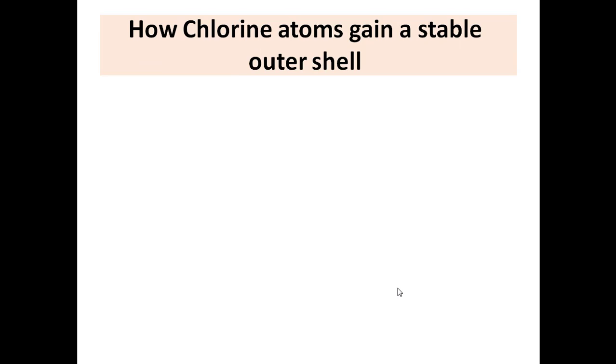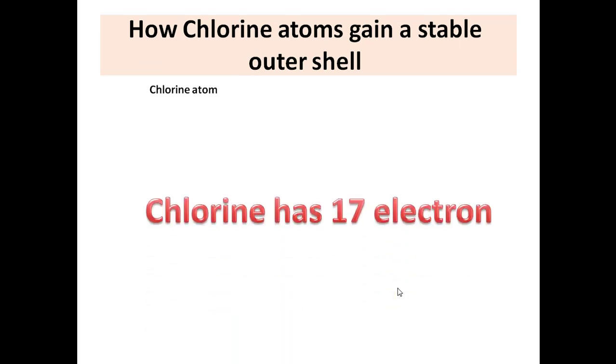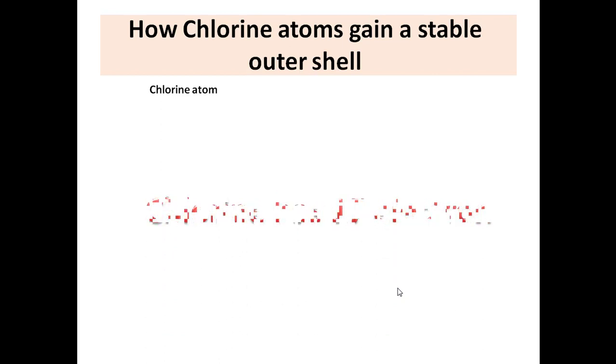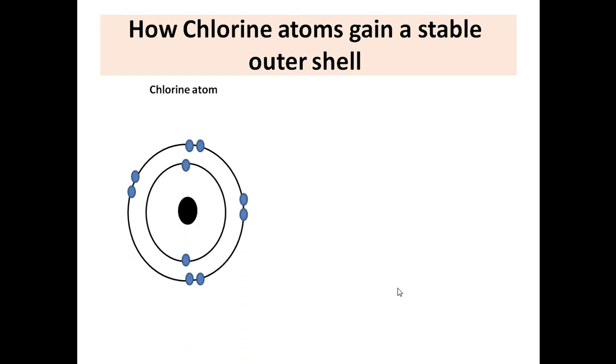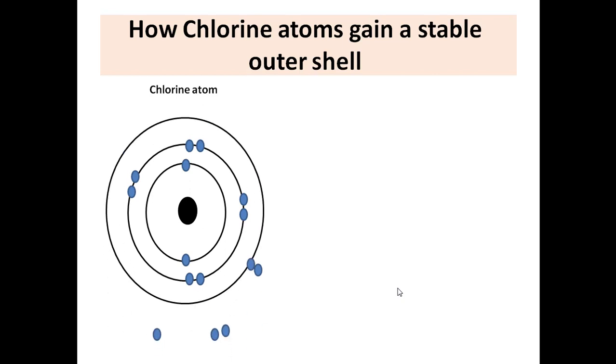What about chlorine atom? Chlorine atom has 17 electrons in its shells. So how to distribute the 17 electrons in the shells? First 2 electrons, 8 electrons, and 7 electrons. If you look at this atom here, the outer shell is not stable because it has 7 electrons.